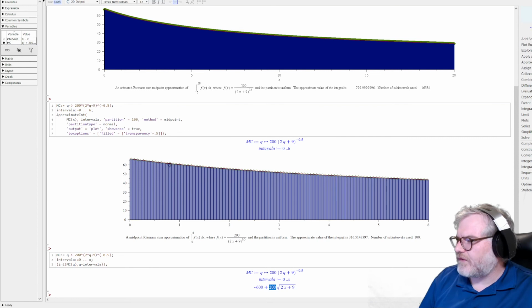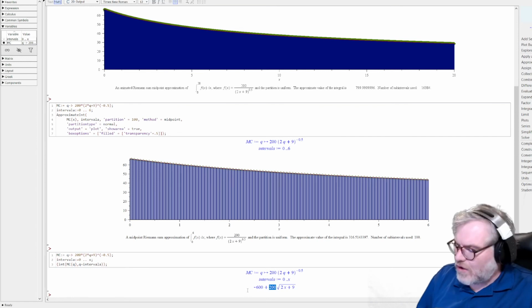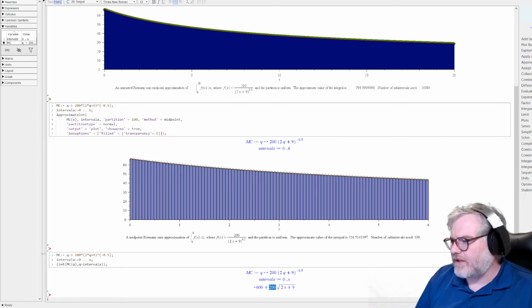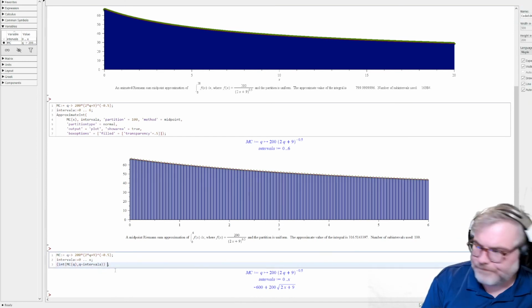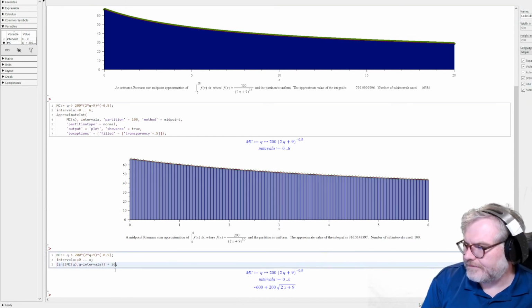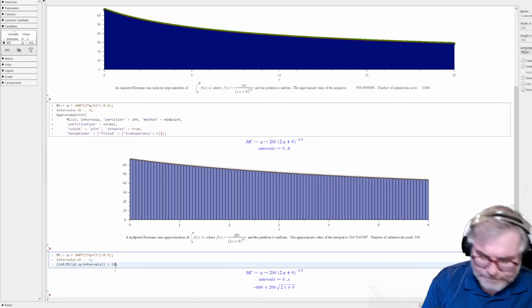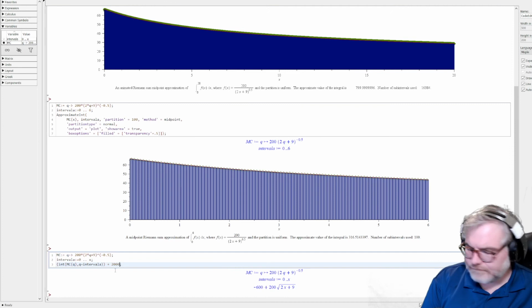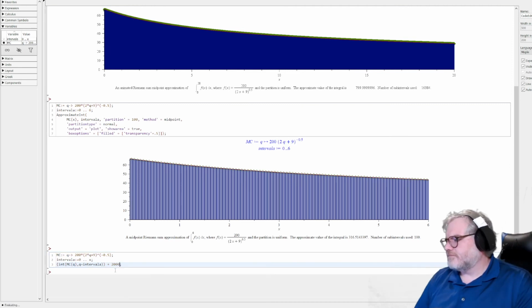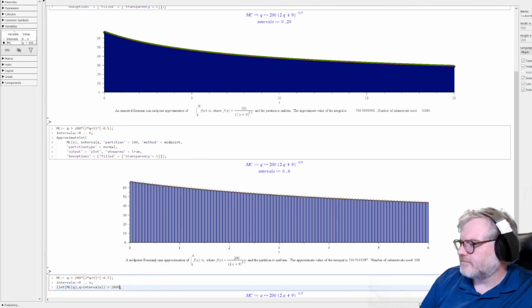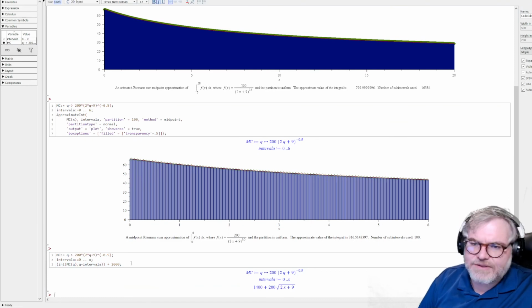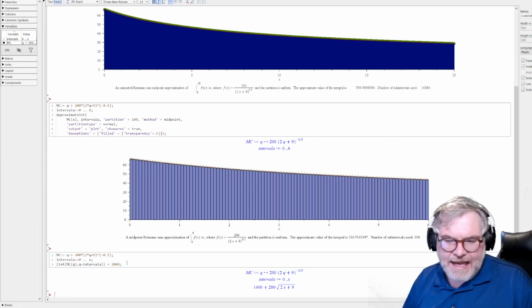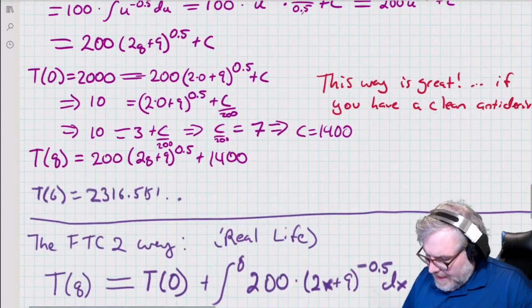That's the interval from 0 to x, and then I need to add. It's off because I need to add the 2000, I'm sorry, the initial cost, if you remember. Let's do that. Right, so if I do the interval and then I add the 2000, I get back to what I had when I did it the antiderivative way.